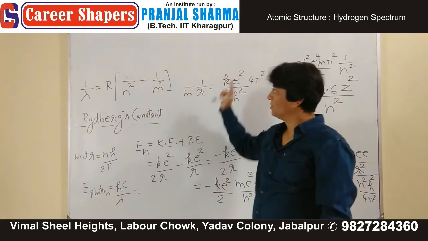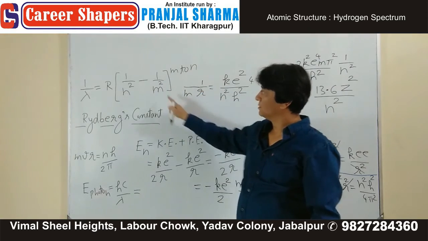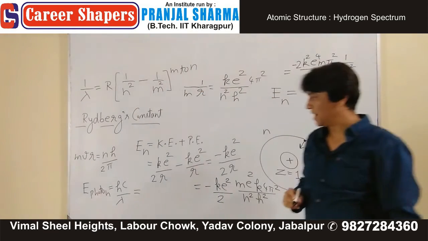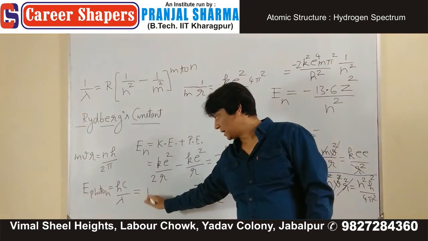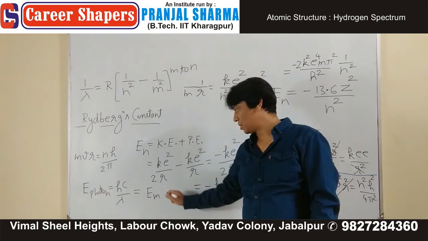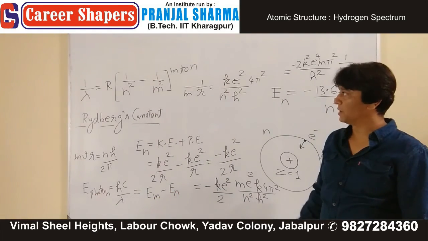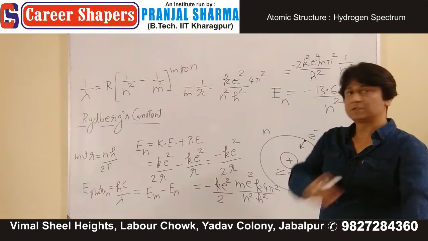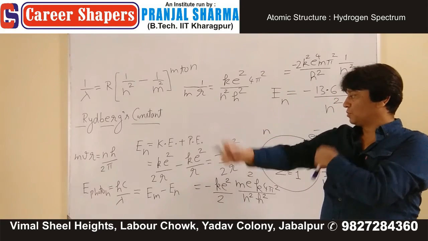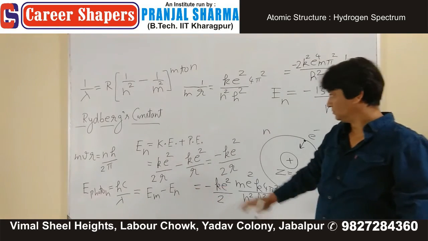The jump is from m to n. In this format, the jump is from m to n. So you'll be writing the energy of the high energy orbit minus the energy of the low energy orbit. That is Em minus En.